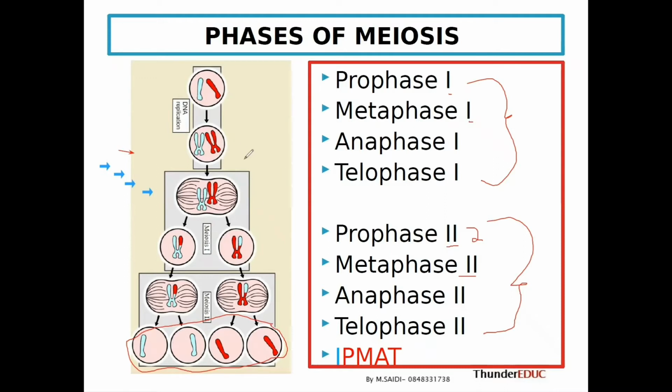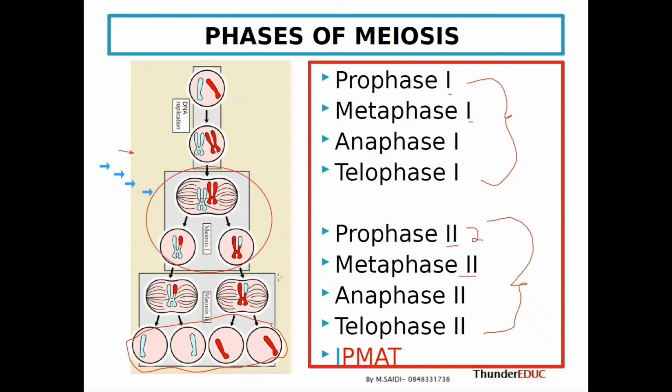Here we can see that this is meiosis 1 from here. Sorry about this. Let me try to use this one. I think it's going to be a little better than that one. This one is meiosis 1.